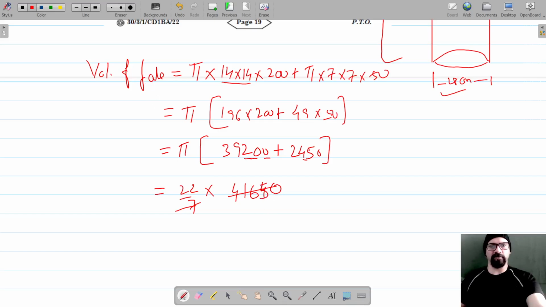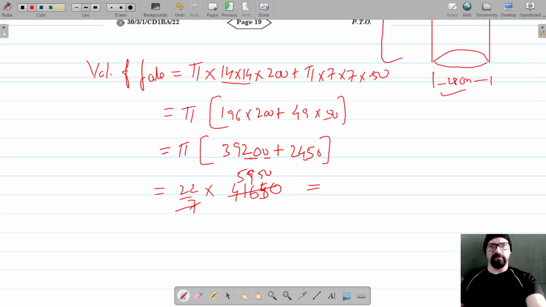And if divided by 7 gives me 5,950. And if I multiply this 5,950 into 22, it will give me 130,900.